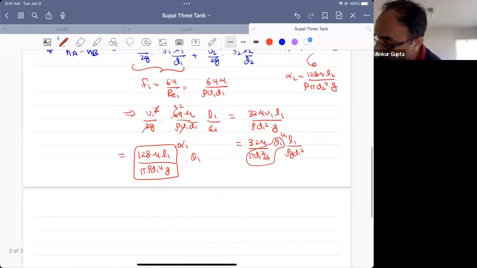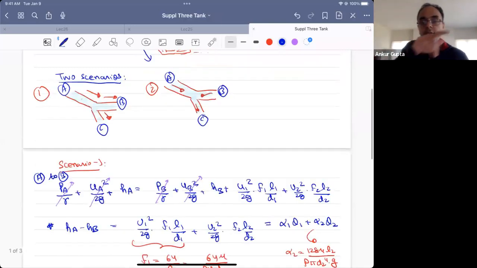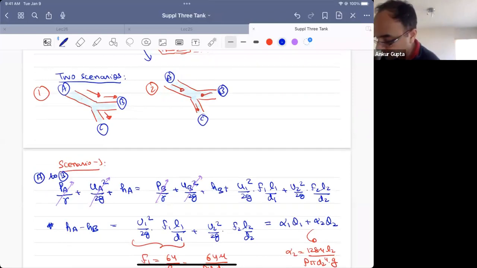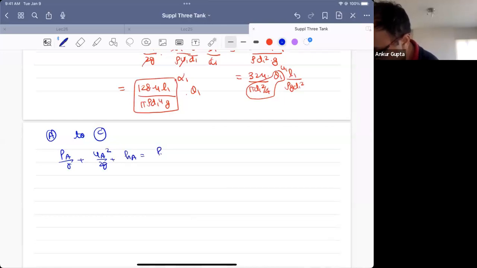Now I can do A to C, because the second inlet and outlet in scenario 1 is A to C. Just to remind you, scenario 1 is flow going from A to B and flow going from A to C. So from here, we'll say PA by gamma plus UA square by 2G plus HA is equal to PB by gamma plus UB square by 2G, PC by gamma, apologies, PC by gamma plus UC square by 2G plus HC.